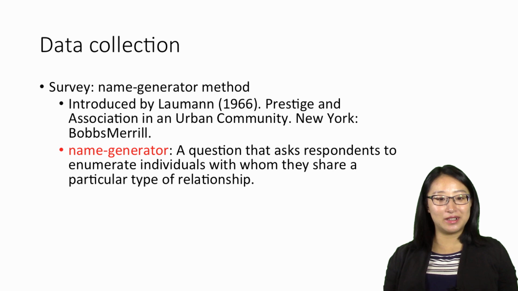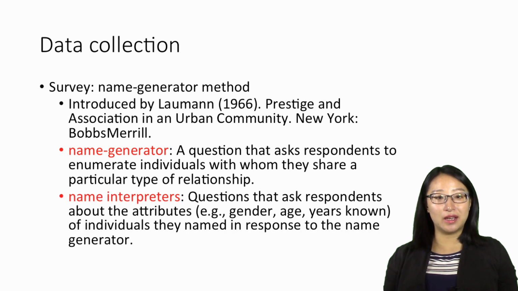A name generator is a question that asks respondents to enumerate individuals with whom they share a particular type of relationship. Name interpreters then follow the name generator question, and they are questions that ask respondents about the attributes, such as gender, age, and years known, of the individuals they name in response to the name generator question.